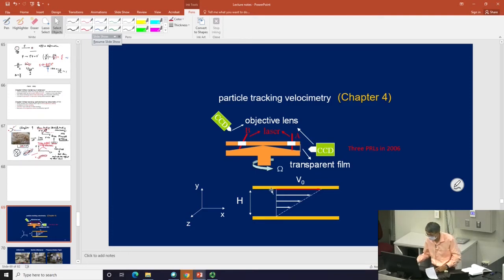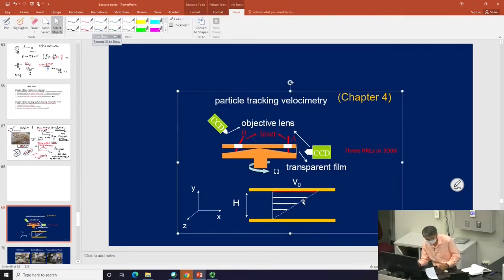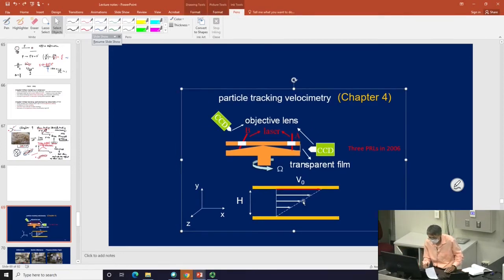Meaning this. You do a startup, in the absence of wall slip, which we know how to remove or minimize. In the absence of wall slip, top speed is V0, then half height is half V, and one third of the height is one third of V. It's linearly changing. So it's homogeneous.